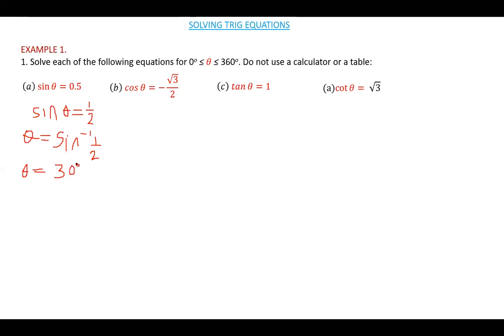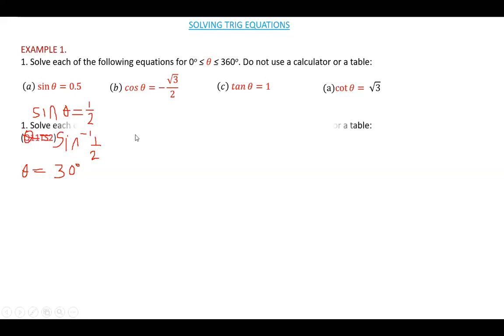So you don't end here. This is not your final answer. You have to check which quadrant this theta lies in. When you look at the 0.5 that has been given here, it is a positive number.